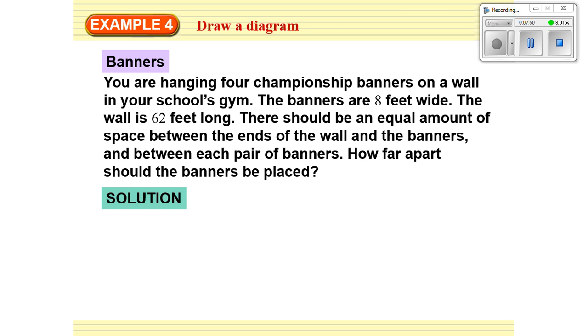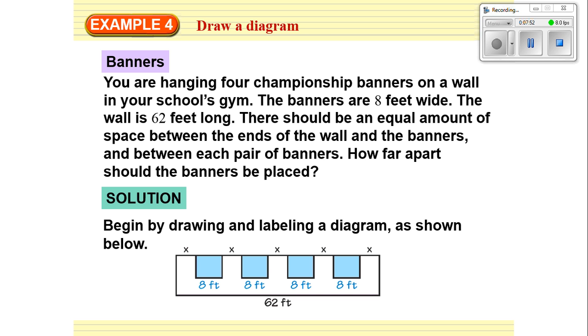Well, if we draw a model, we can see that we have 62 feet to work with. We have 4 banners, each 8 feet long, and we want equal spacing in between each banner.